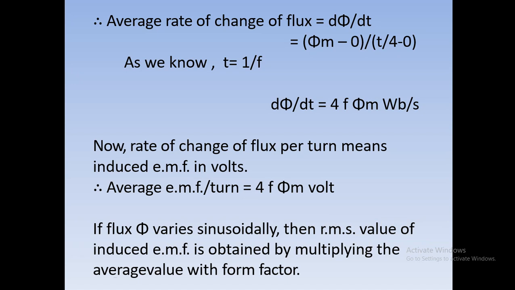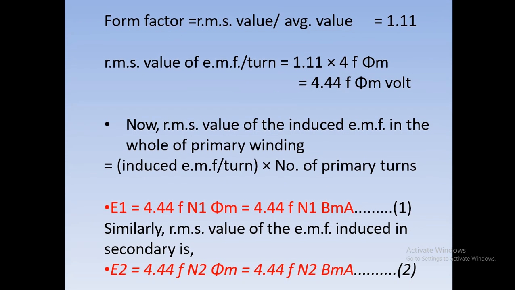Form factor is defined as the ratio of RMS value to average value. When we derive it for the sinusoidal waveform, we get 1.11.